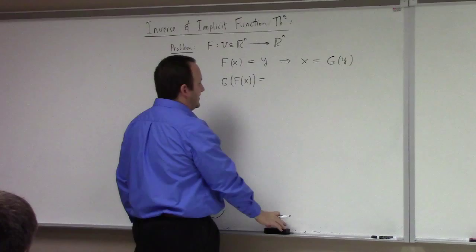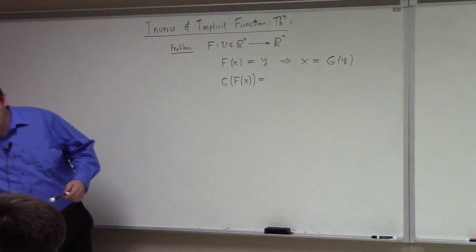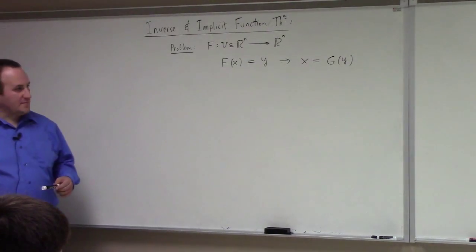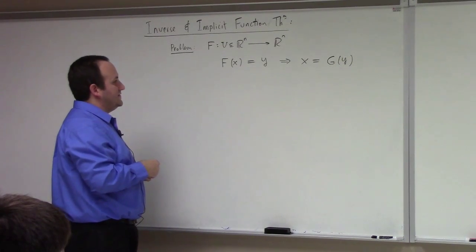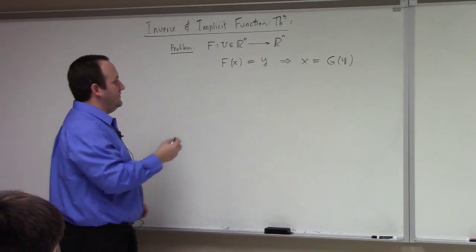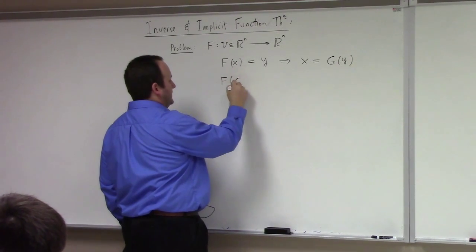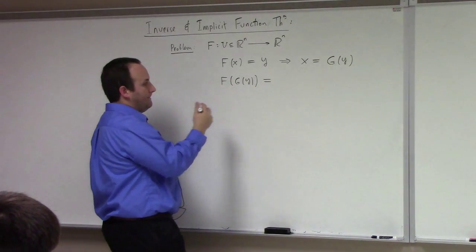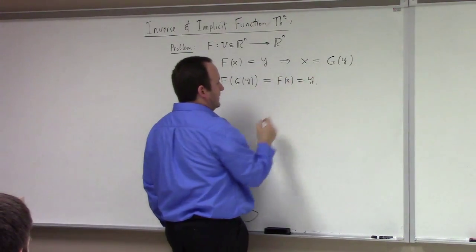Oh, I don't think I'm being very convincing yet. I'm sorry. Retreat. Sorry, let me think through this a second here. Let's see here. That's f of g of y. What would that be equal to? Yeah, f of x, right, which is equal to y.